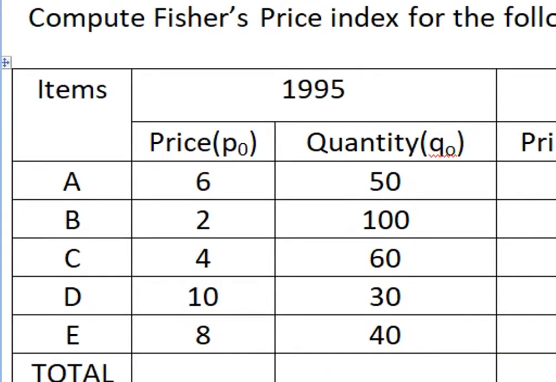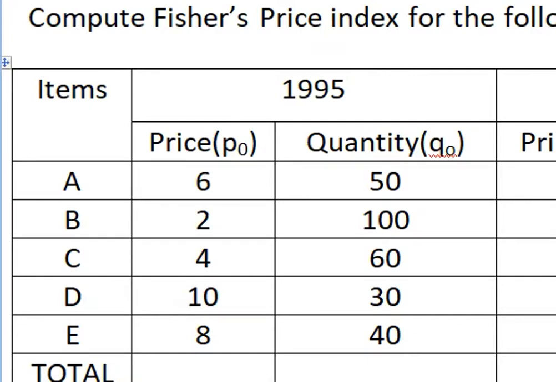So we need P1 Q0, P0 Q0, P1 Q1 and P0 Q1. What is P1? Price of 2000. Q0, quantity of 1995. P0 is the price of 1995. Then Q0 is the quantity of 1995. Then Q1 is the quantity of 2000.